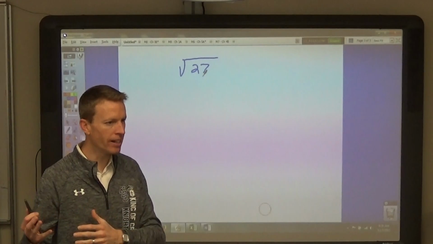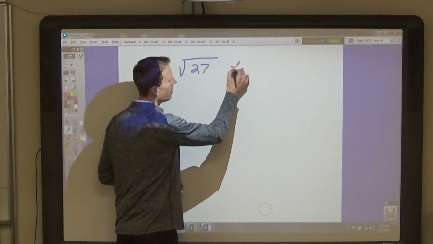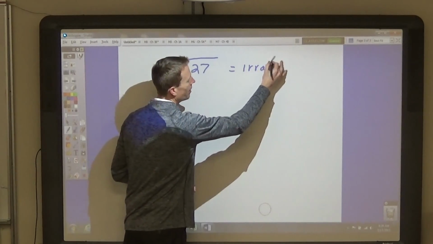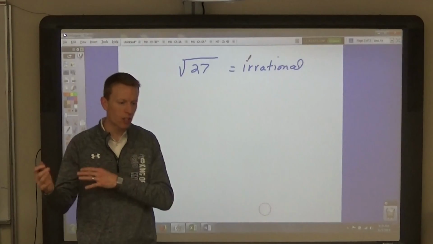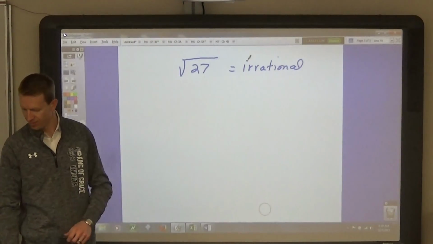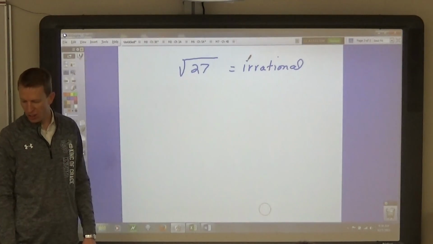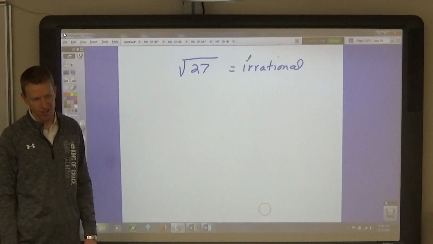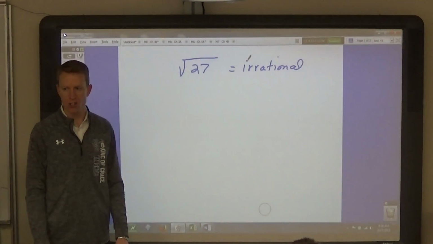It's just random, isn't it? So the square root of 27 is an irrational number because it's a random, non-repeating, non-terminating decimal. Okay? And there's no pattern to the numbers, is there? Not really. So that's another example of an irrational number, okay?